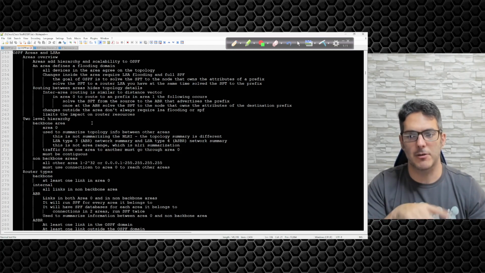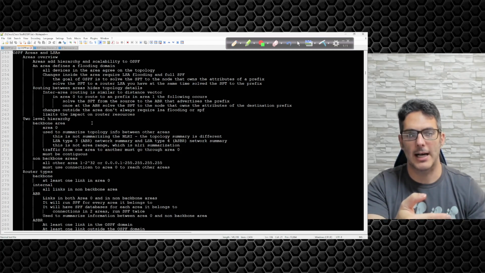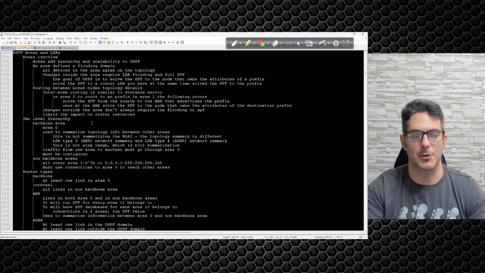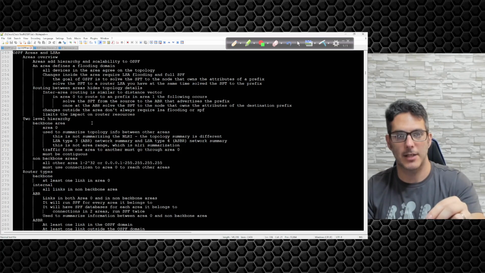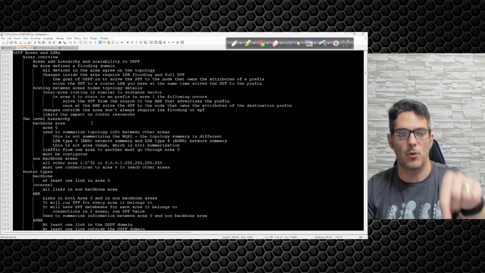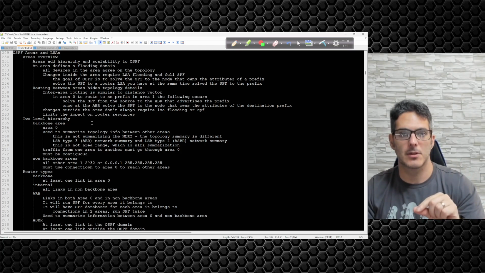If I'm in area 0 and you're in area 1, I need to figure out what area border router I have to get to in order to get to wherever you're at. So if I can solve the shortest path tree to the area border router, the ABR, via the type 3 LSA, because that's what's generated, a type 3 LSA is generated for every type 1 LSA that's in area 1 and then pointed to me.